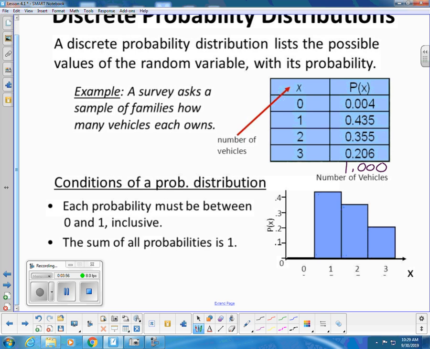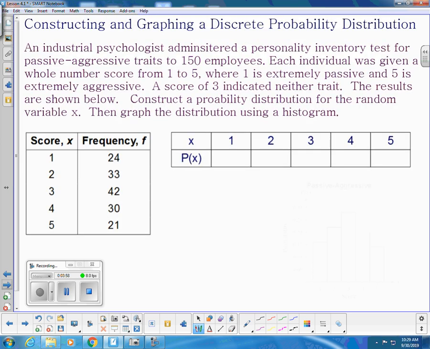So let's look at a couple. An industrial psychologist administered a personality inventory test for passive-aggressive traits to 150 employees. Each individual was given a whole number score from 1 to 5, where 1 is extremely passive and 5 is extremely aggressive. 3 indicates neither. Graph the distribution using a histogram and find the results.